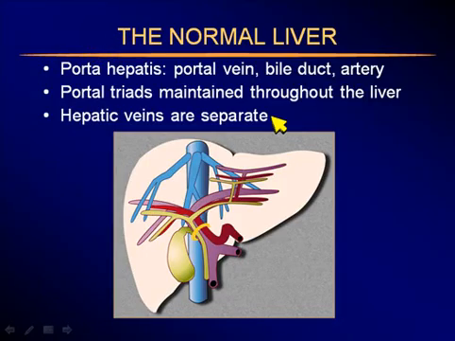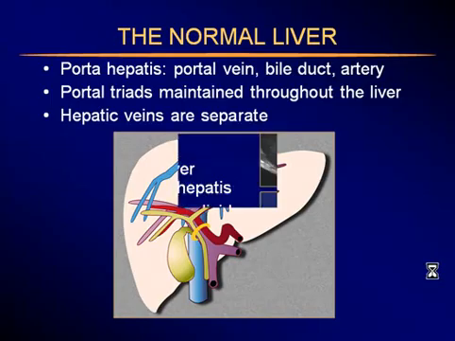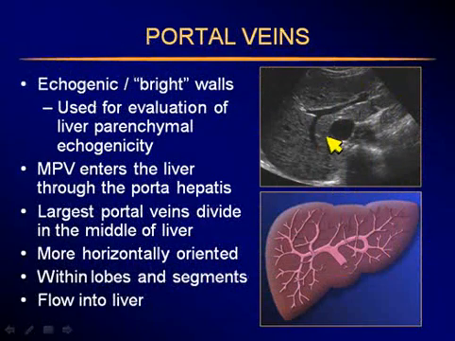So the portal triads are maintained throughout the liver, and that is partially what is causing this reflectivity of the walls. Portal veins have bright echogenic walls, and we use this for comparison of parenchymal echogenicity.